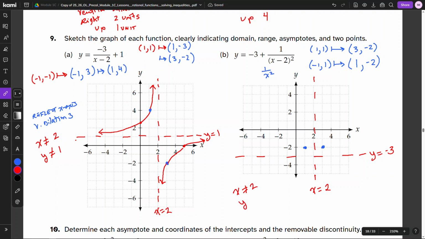I know that y is not going to be -3. So now I have my domain, I have my range, I have my asymptotes, and I have 2 points. And I'll come over here and draw the basic graph. That one basically goes like that. And over here, if I'm going to come through this point, that one basically goes like that. And I'm going to have the symmetry in that line x equals 2.